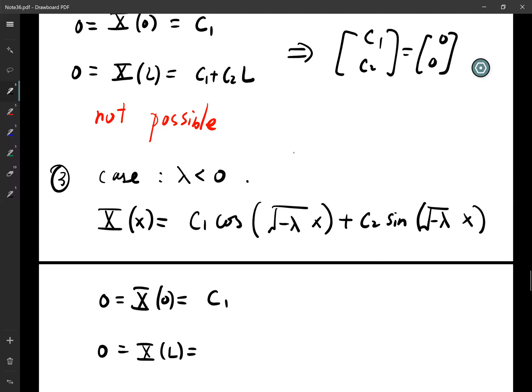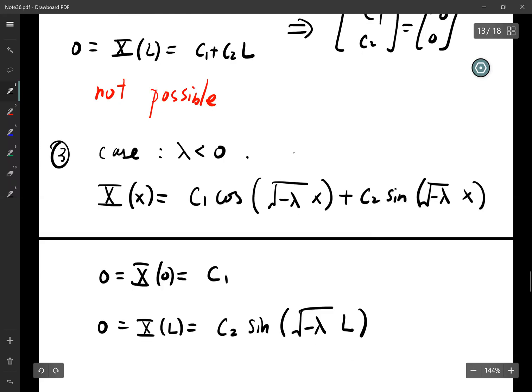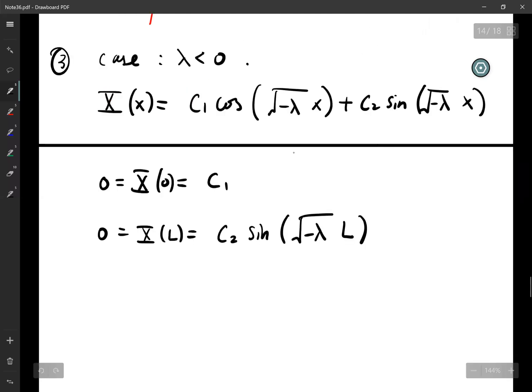Forget about that. So this is C2 times sine of square root of minus lambda times L. You might say, yeah, sine of square root of minus lambda L is not 0, so C2 is 0. Not really. It seems like in this very last term, we found our hope.